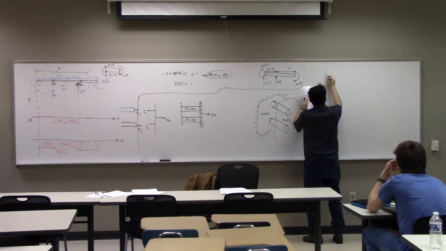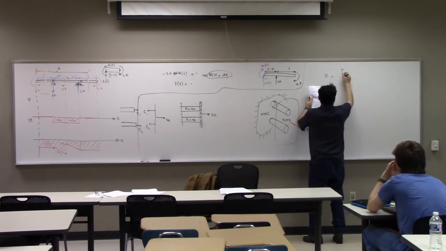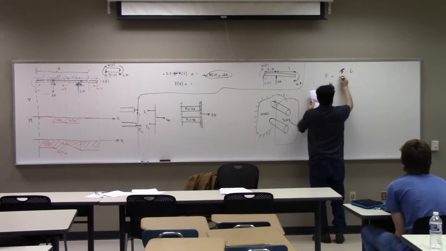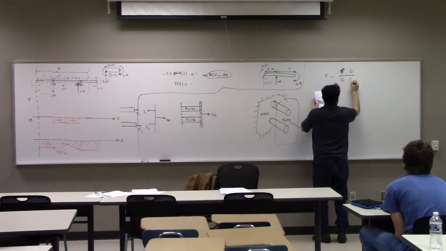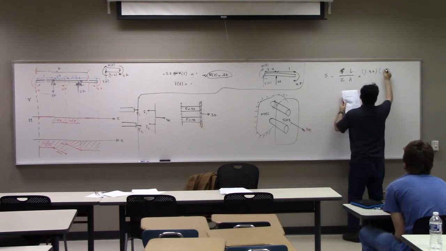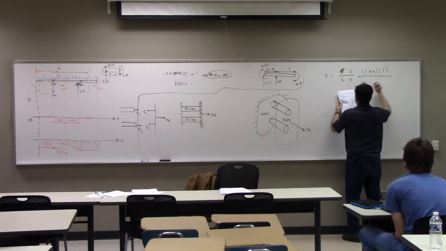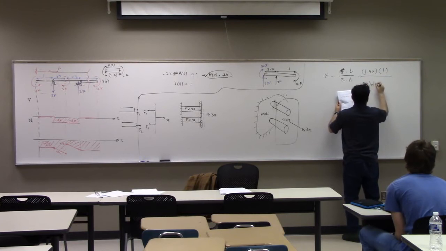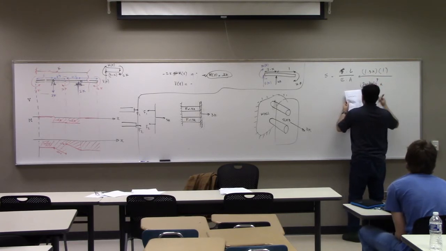I say delta is equal to F, and what was the F? Let's write the formula, FL over EA. F is 1.5K times the length, 1 meter, divided by E, 200 giga, which is 10 to the 9, times the area.